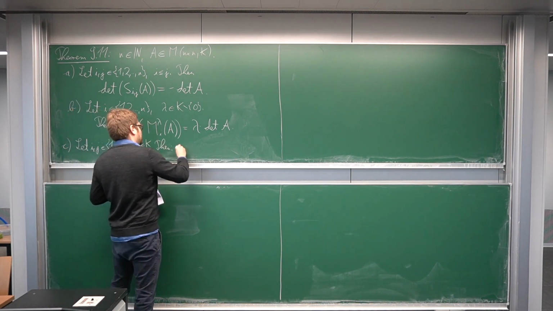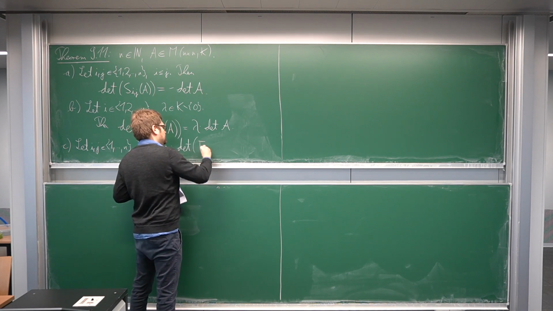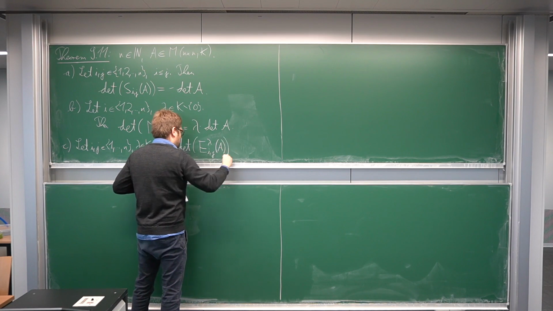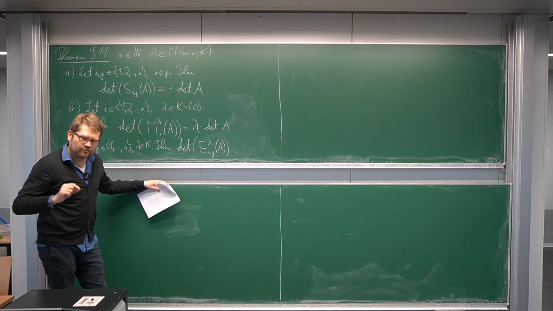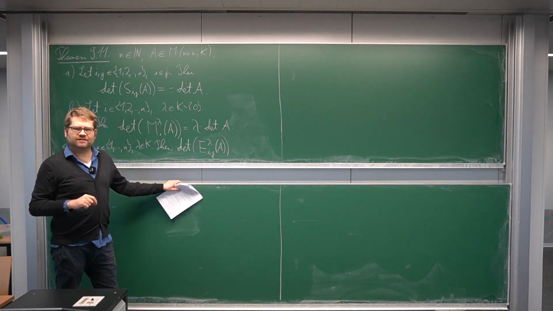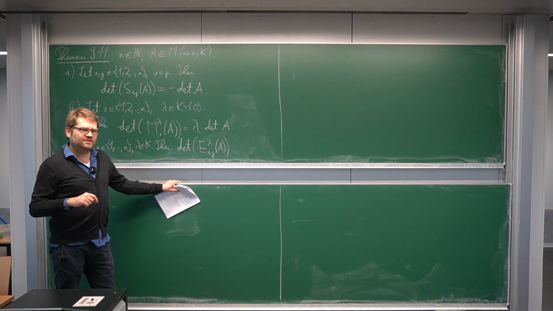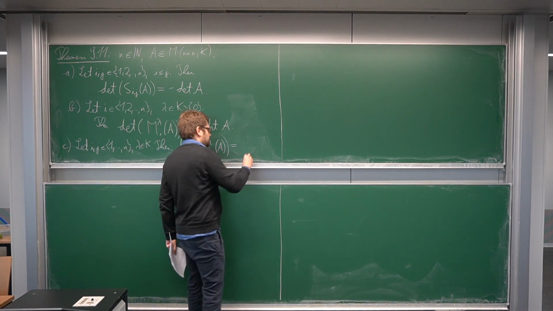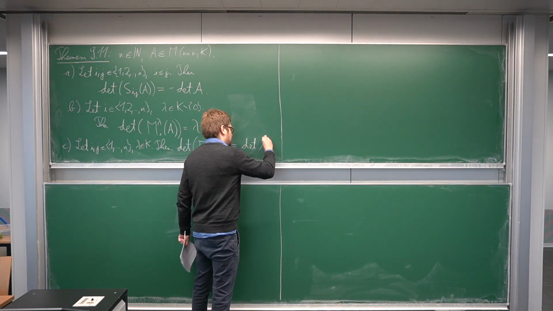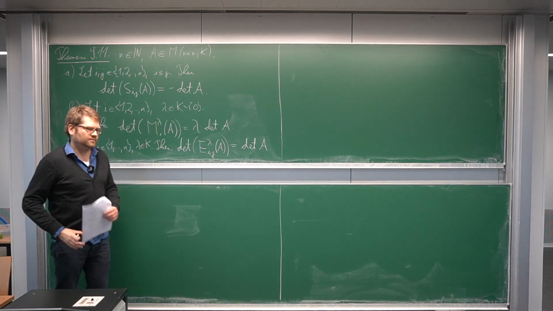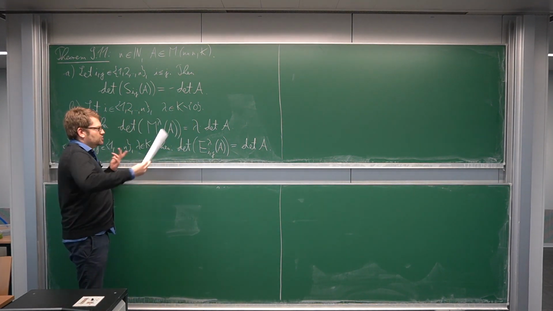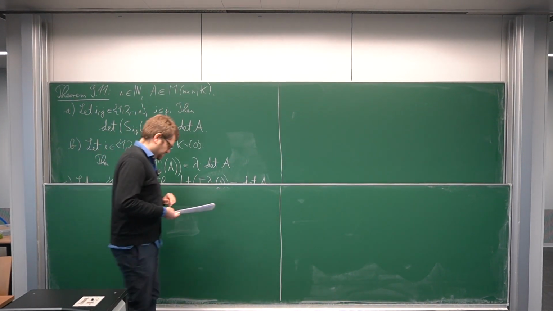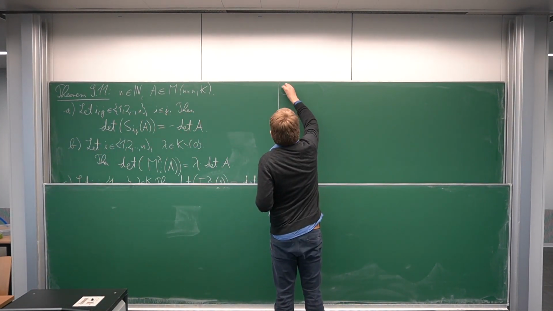Then the determinant of E_lambda,i,j of A, where we add lambda times the jth row to the ith row of the matrix, turns out to be nothing happening. This gives just back the determinant of A. So we can really control what's happening to the determinant when we perform elementary row operations. Now, how to see this?